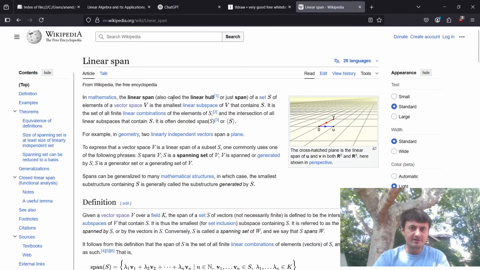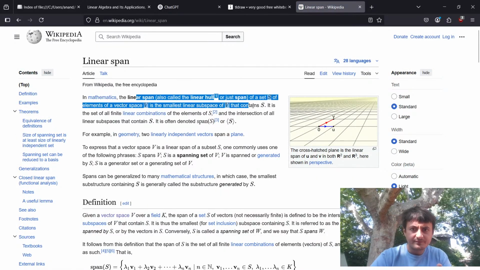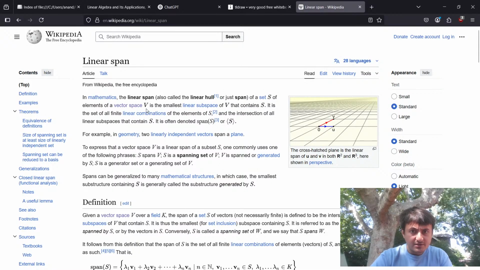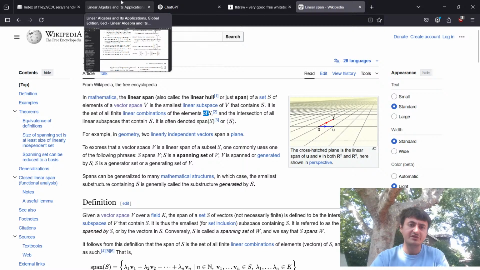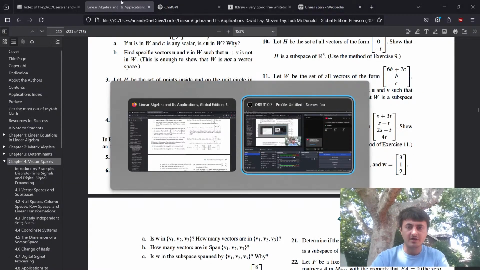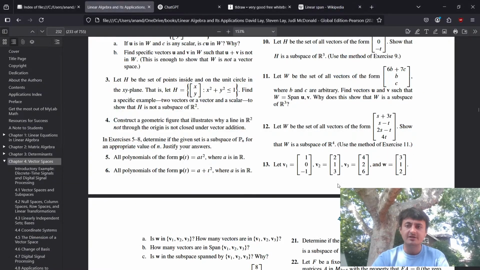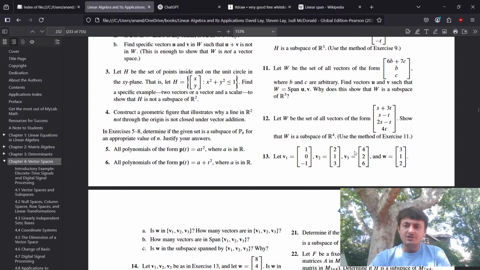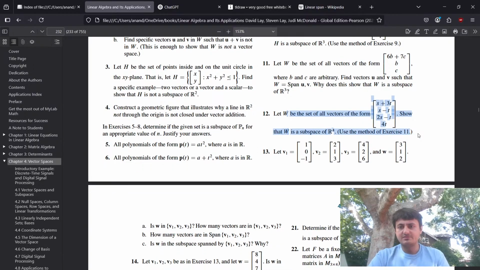The linear span of a set S of elements is the smallest linear subspace that contains S. But it is also the set of all finite linear combinations of the elements of S. So if you use that definition, you're chilling. This one is the same as before. We can just move on.